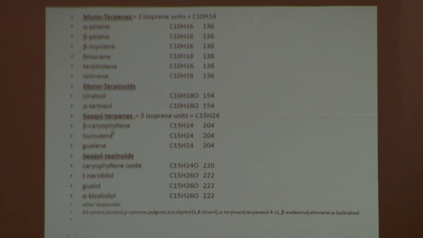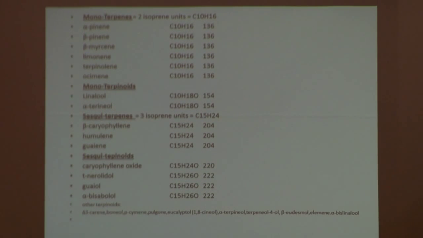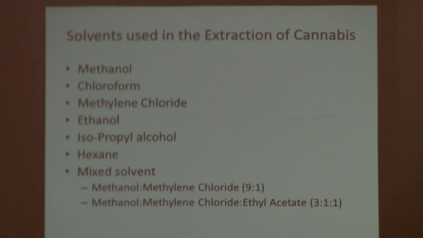Some people say caryophyllene, some people say caryophyllene. You say potato, I say potato. I'm not going to argue about how we pronounce it. I pronounce it caryophyllene. Here are three sesquiterpenoids, with oxygens in them, that are isomers of each other also. So many of these components are very interrelated with each other.